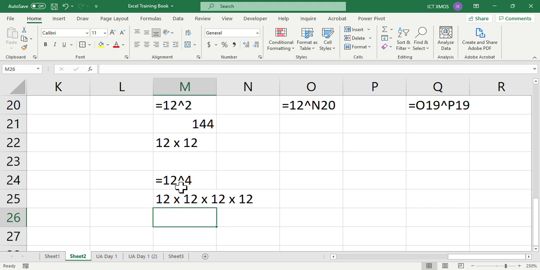That's what it means. So that power you see is to tell you that any number you see after the symbol is the number of times.